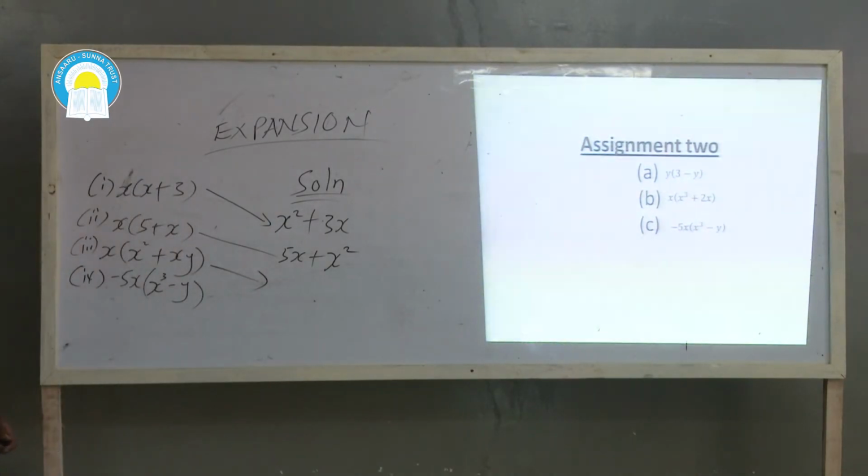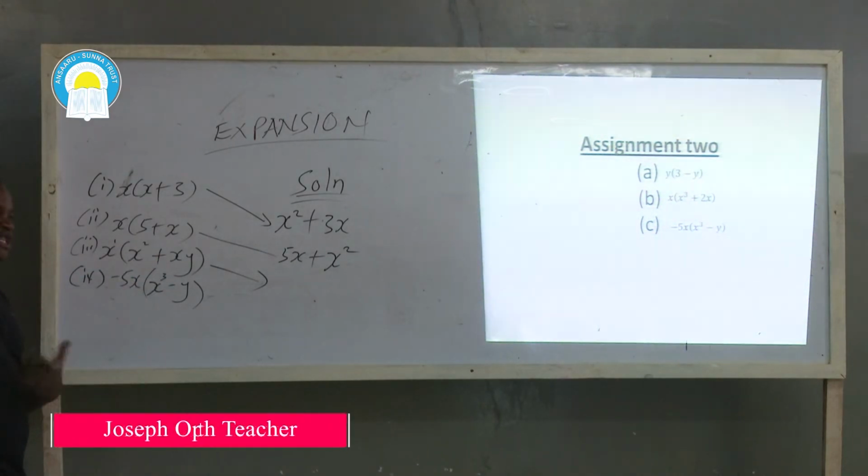Our third one, if we multiply x times x squared. At this point, you can recall your laws of indices. I'm having this and this having the same base, but now the powers are, here we have power 1, we have power 2. So having the same base and you multiply, what do you do in indices?